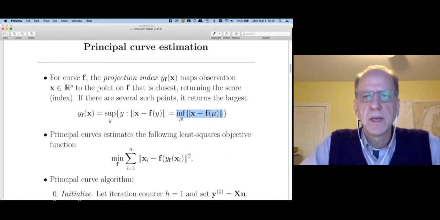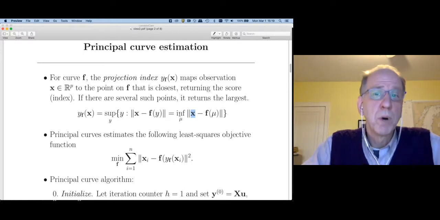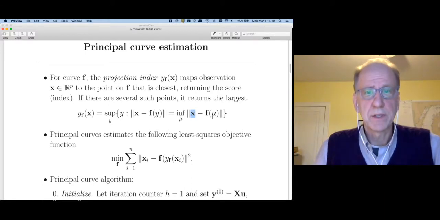So this is saying search over all positions on the curve mu to find the closest position on the curve to our given x. Now, unlike principal components analysis, where that projection is unique, in the case of a curve, there could be multiple values that satisfy this.